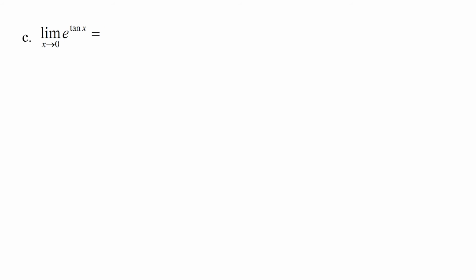We have the limit as x approaches 0 of e to the tangent x. Our inside function is tangent x, so we need to find the limit as x approaches 0 of tangent x, which will be equal to 0. And again, it's a coincidence that the value we're approaching and the limit keep being equal to each other.